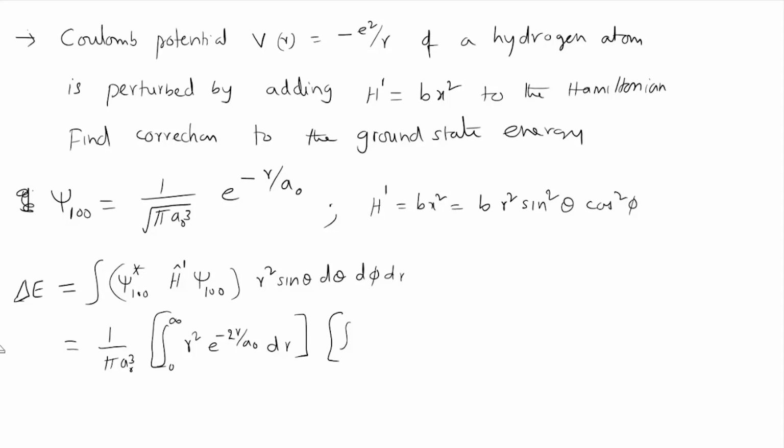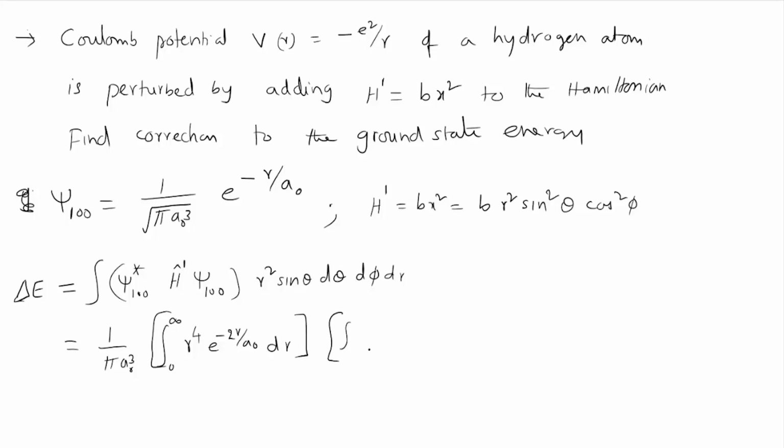So let me write it. So this is r square. Then there is one r square. Then I'll say r power 4. So if you are doing it in the entire space, this has to be the case.